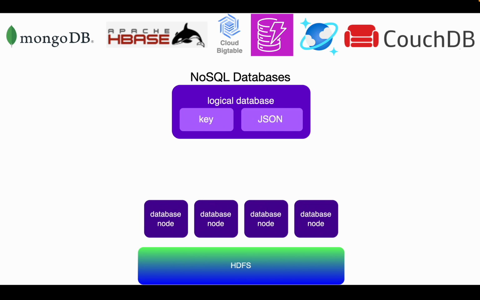The example at the bottom is based on HBase or Google Cloud Bigtable, and the file system is HDFS, which comes from Hadoop, which was an early machine learning product.